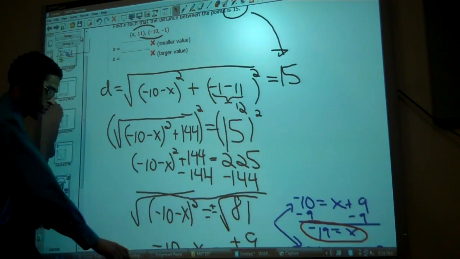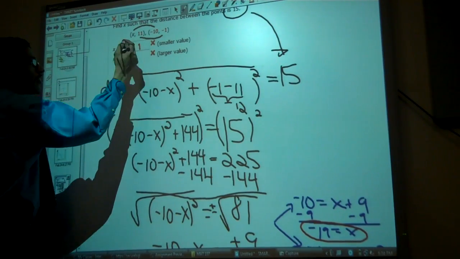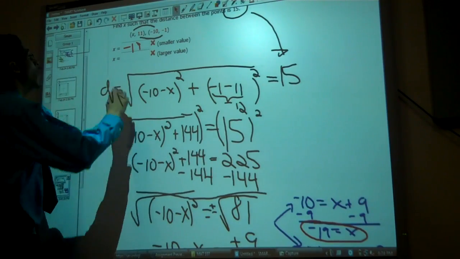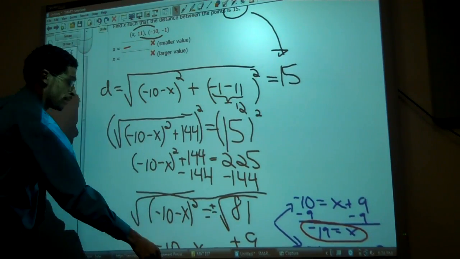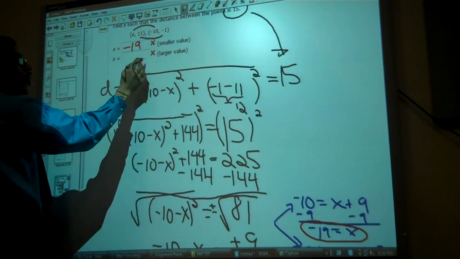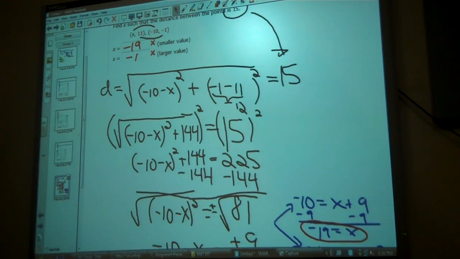Smaller value first would be negative 19. And then the larger value is negative 1. Let's verify it though.